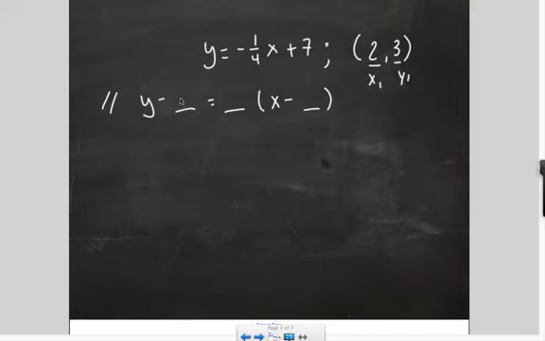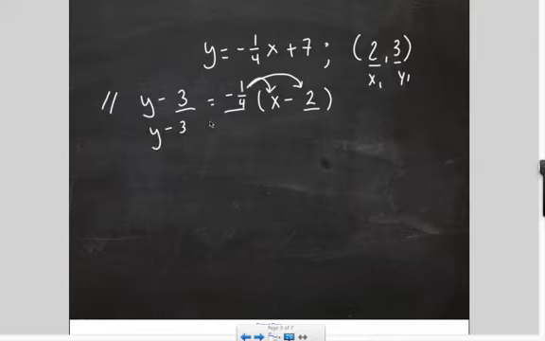So I'm going to write my y1, which is 3, so y minus 3. This is where my x1 goes, so I'm going to write 2. And then I just need my slope. Since it's parallel, they share the exact same slope, so I'm going to write -1/4. Now all I have to do is distribute, and then I will have my equation.